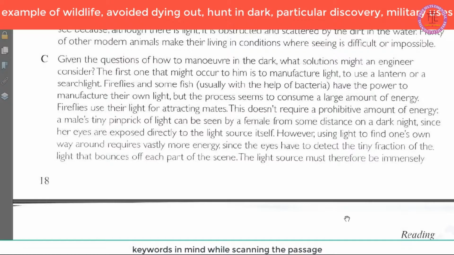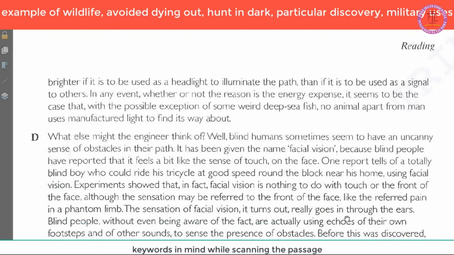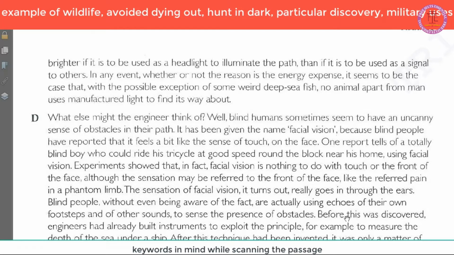However, using light to find one's own way around requires vastly more energy, since the eyes have to detect the tiny fraction of the light that bounces off each part of the scene. The light source must therefore be immensely brighter if it is to be used as a headlight to illuminate the path than if it is to be used as a signal to others.